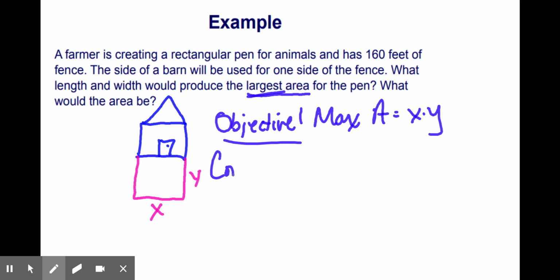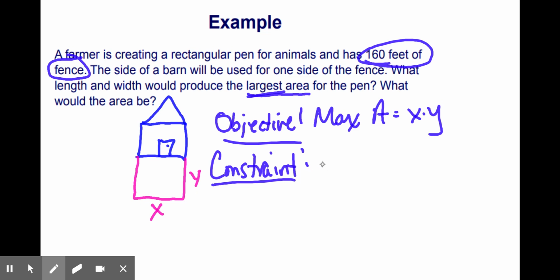Now this is subject to some kind of constraint, right? What is constraining us in this problem? What's being forced upon us, so to speak? He has 160 feet of fence. So that means these three pink sides can't be more than 160. And theoretically, he probably wants to use all the fence.